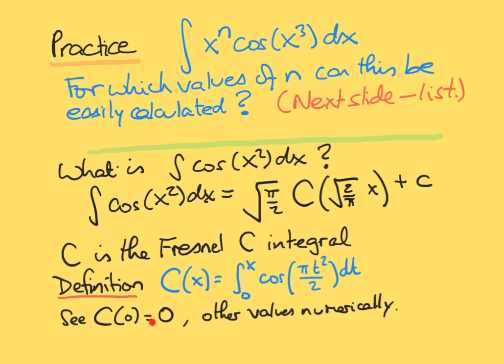You can see immediately, I hope, that if x is naught, C of naught will be 0 because you're integrating from 0 to 0, so there is no width in your definite integral, and you're integrating over something, cosine of t, which is finite. So this integral is going to vanish, so that function will vanish when x is naught, and other values can be estimated numerically. And in mathematics, there are very many functions which are defined in this way. And this is something that you will meet more as your mathematical expertise grows.